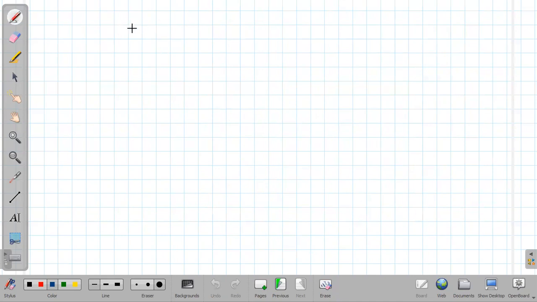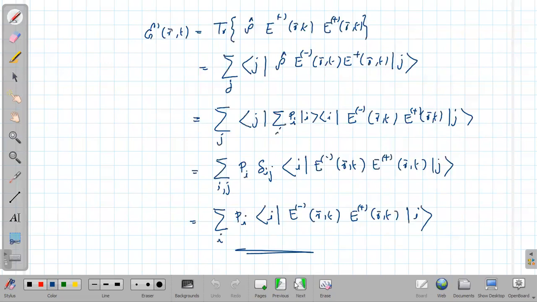Okay. Now we can have the most general expression for the first order coherence function, G1 of (r1,t1; r2,t2).